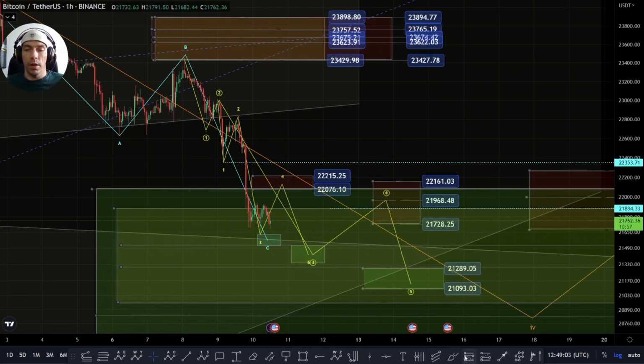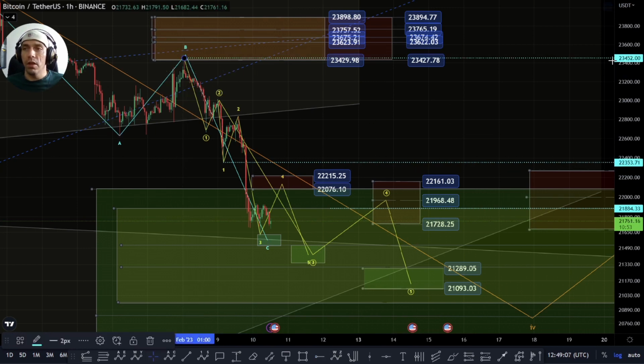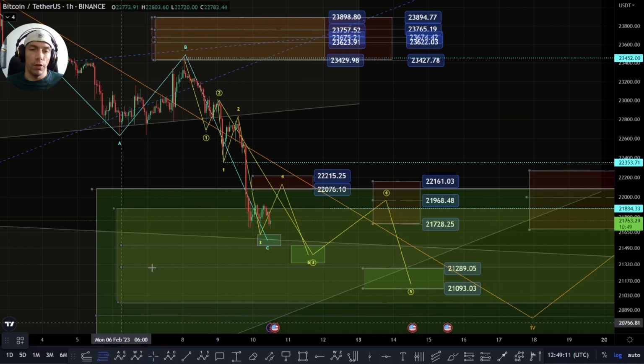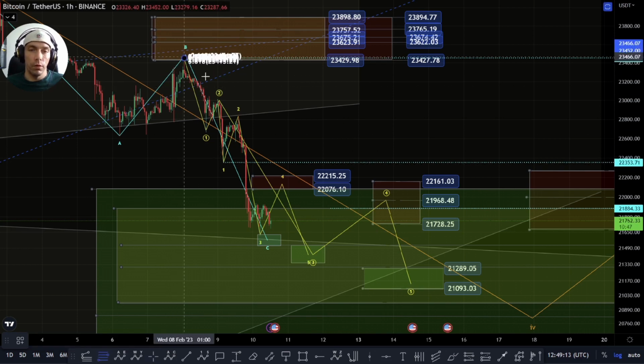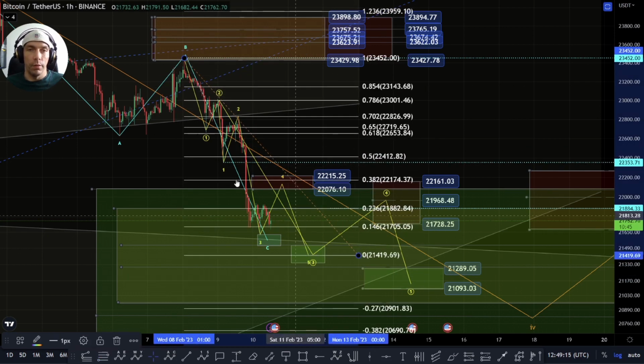Effectively, with this, we need to bear in mind that we could still see further extension. For as long as we stay below this 23,452, we can always get a further rejection here. So even if we do move down into this yellow box and we have this in that other count where this is a 1, 2, 3, 4, and 5, we'd have to just be careful of rejection again in this 50% zone all the way up to sort of this 786 area.